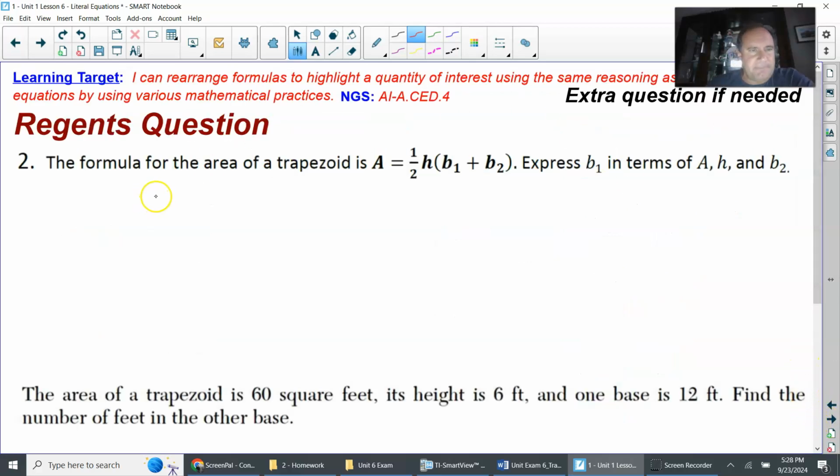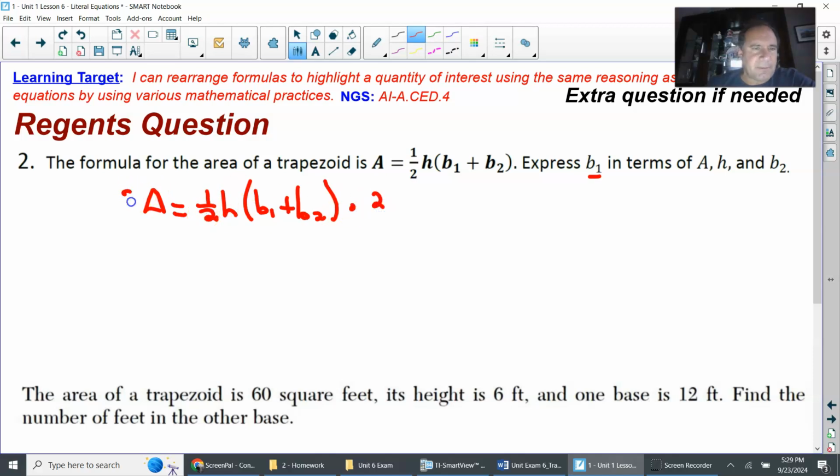Regents question. A equals 1/2 H times B sub 1 plus B sub 2. Express B sub 1 in terms of A, H, and B sub 2. So you have to solve for B sub 1. Get rid of that fraction first.